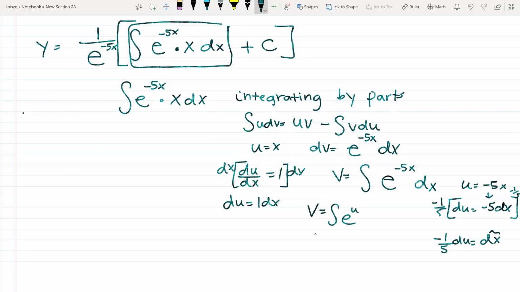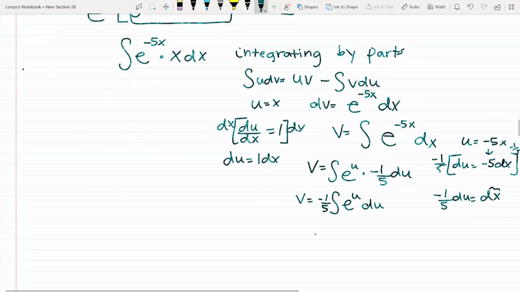And then you're going to replace dx with negative 1/5 du. Okay, so negative 1/5 is a constant, so it's going to be negative 1/5 e to the u du. And the integration of e to the u is just e to the u, and then you have that negative 1/5.